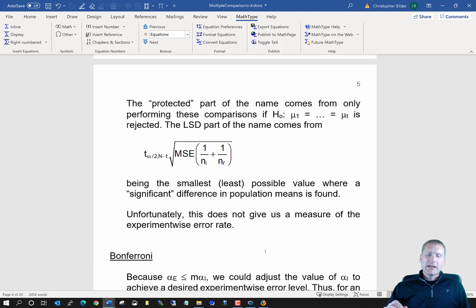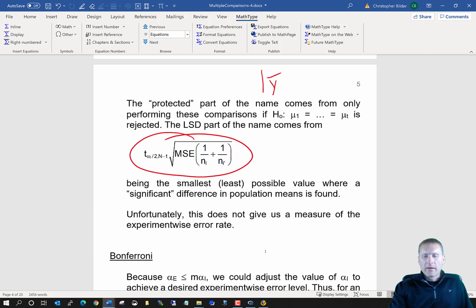The LSD comes from this part right here. So what we're doing is we're looking at what is the smallest possible value of the difference of the 2 means. What's the smallest possible value such that we will reject the hypothesis of equality of means?